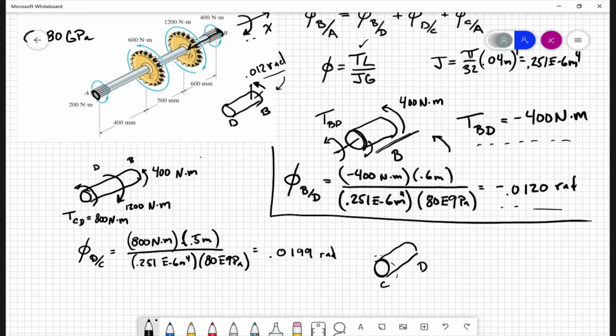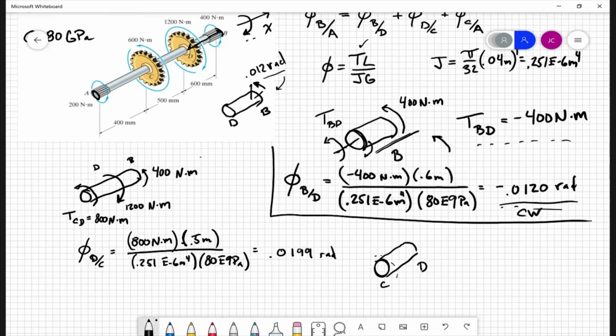Like if my left hand is face D, my right hand, face B, is going to rotate in this direction 0.012 radians. Or if you were to look at it down shaft B, it's rotating in the clockwise direction. That's a negative rotation, right?